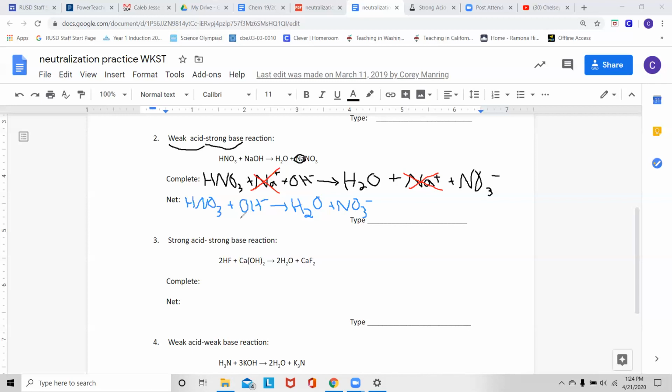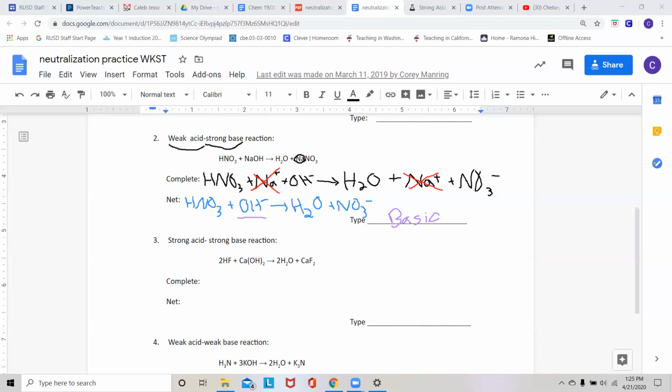And now you'll notice that on this side, we are left with extra OH minus that is not neutralized by an H plus. So that means that overall, when everything is said and done, we're going to end up with a basic reaction overall. That solution that we end up with is basic.